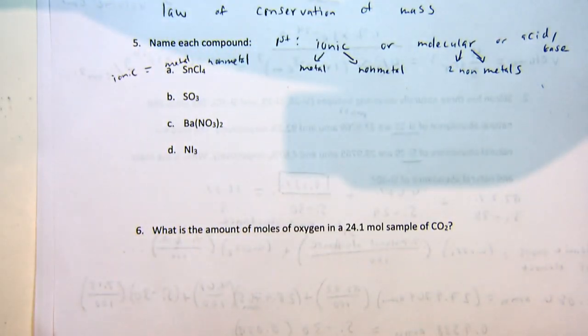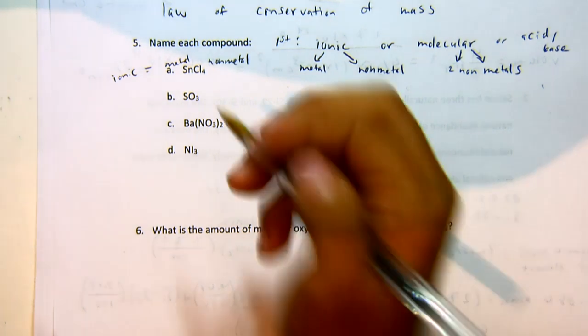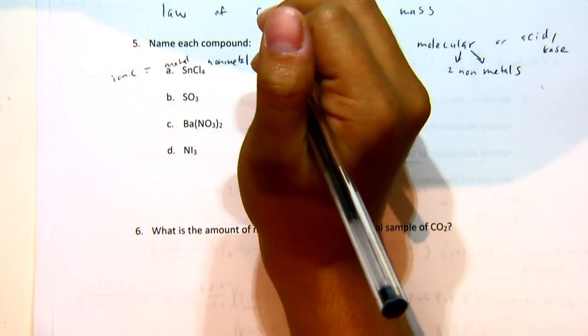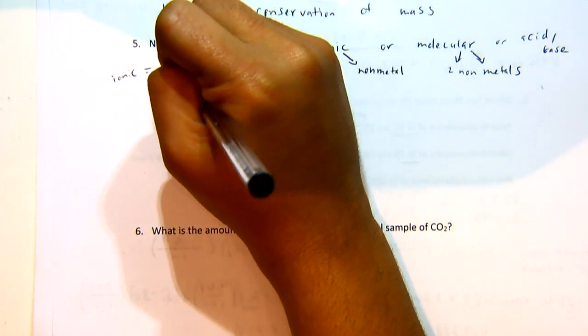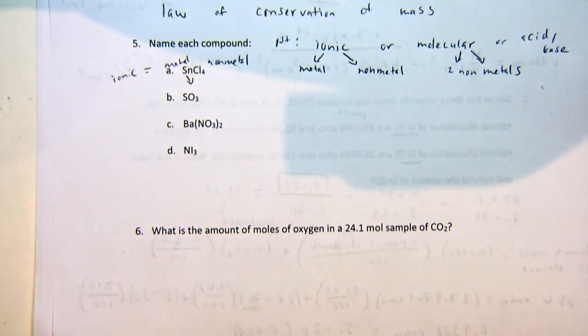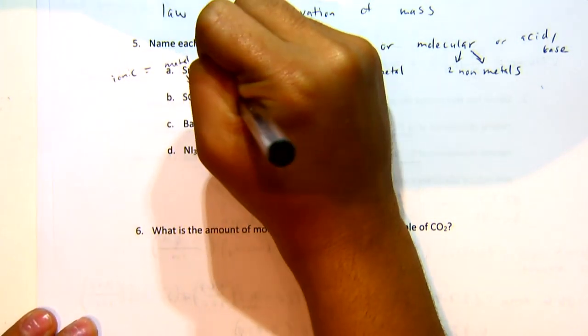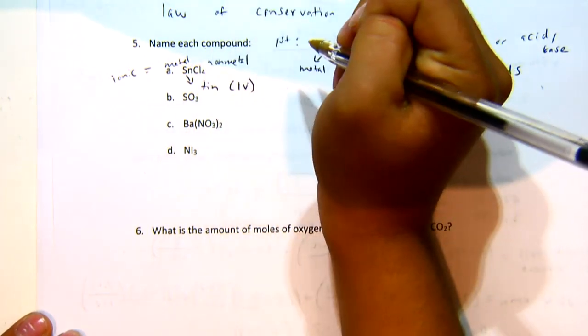When we're looking at ionic compounds, we have to think about whether the metal is an ion that can form more than one charge, and tin can form more than one charge. So because it's a cation that can form more than one charge, its name is going to be associated with the charge that it's going to carry.